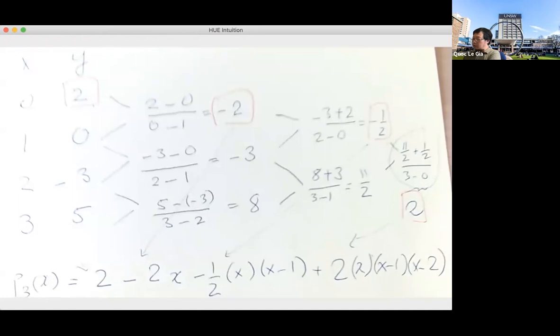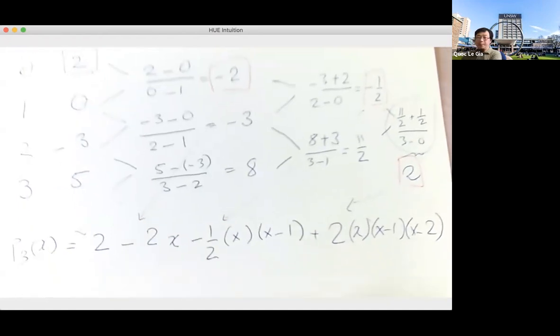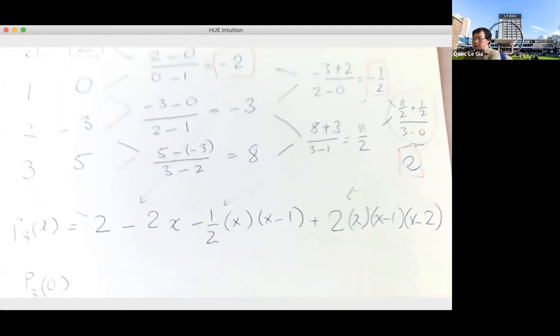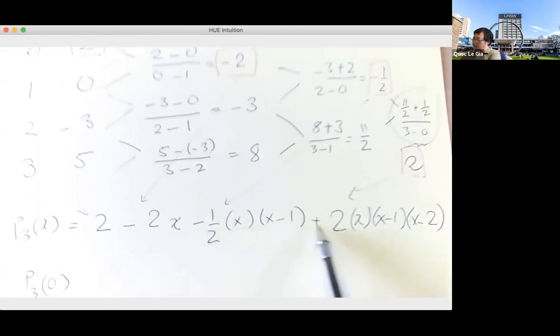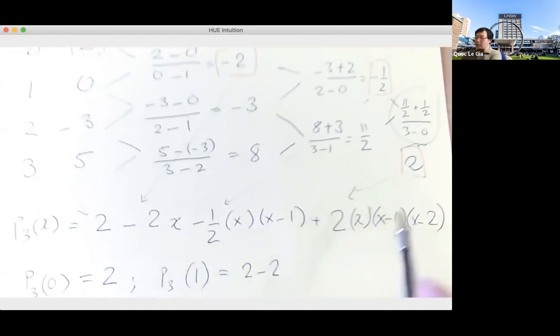Well, you can check. If I put in x equals 0, so P3 at 0, then everything here just gives you 0, so you just have 2. Then P3 at 1: this one is 2 minus 2, and the rest are just equal to 0.